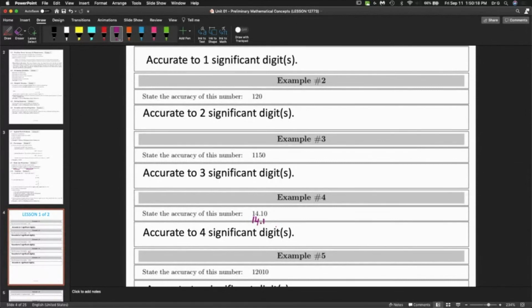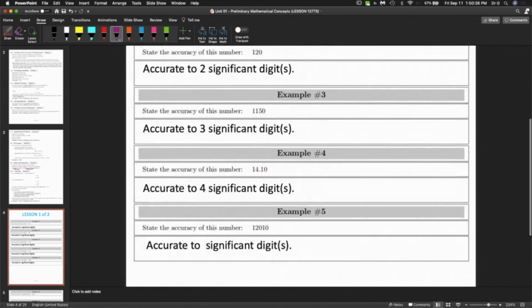If I write 14.1 for computational reasons, it's the same as 14.10. But that 0 there is deliberate. Why wouldn't it be there? You have to think of it almost psychologically. Someone put it there because they intended it to be accurate to the nearest hundredth. Number 5.